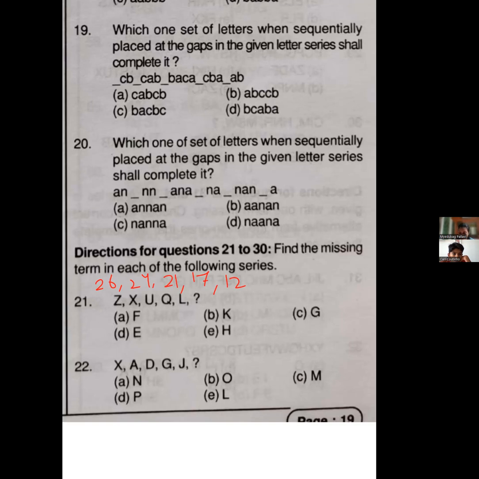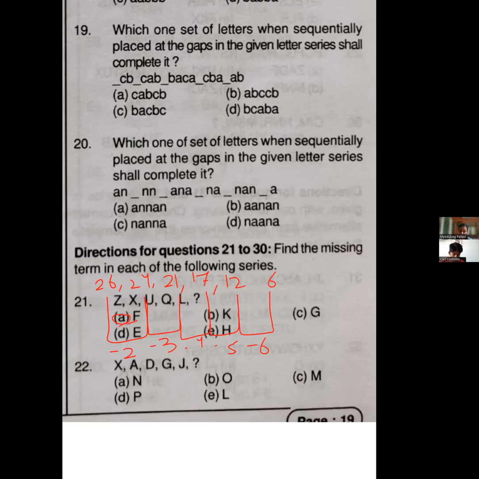Can you see the difference? The first difference is -2, then -3, then -4, then -5. So now it will be -6, which is F.